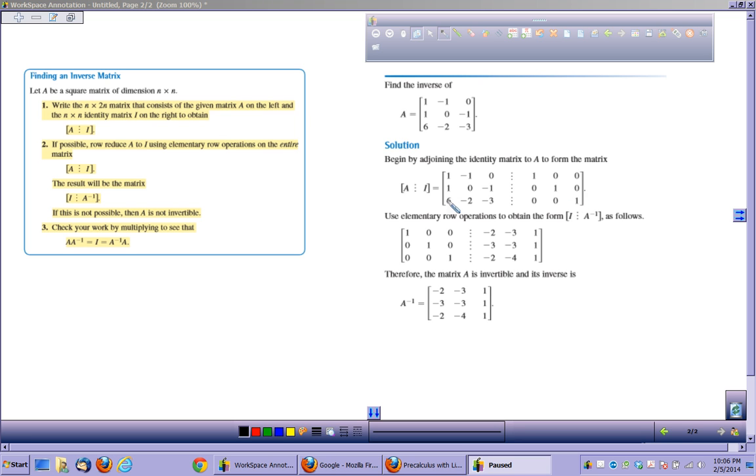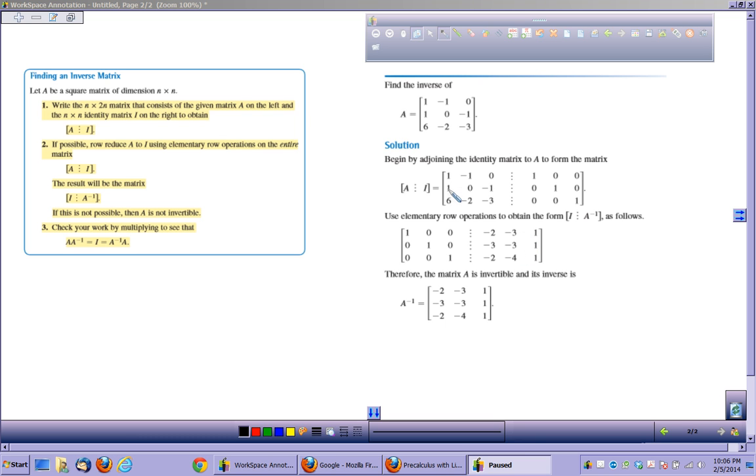And then what you do, you use elementary row operations, and you change this part of the matrix into reduced row echelon form, and then this side changes along with it.